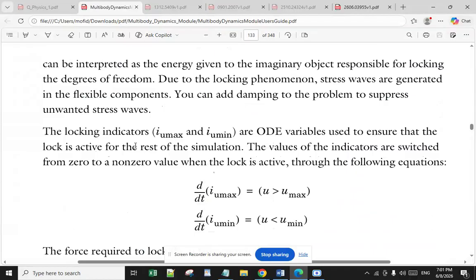You can add damping to the problem to suppress the unwanted stress waves. The locking indicators IAu_max and IAu_min are ODE variables used to ensure that the lock is active for the rest of the simulation. The values of the indicators are switched from 0 to a non-zero value when the lock is active.